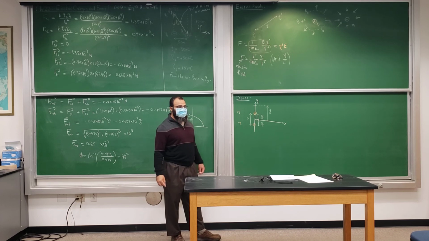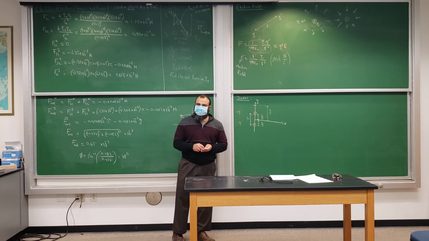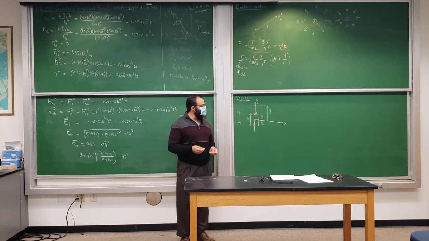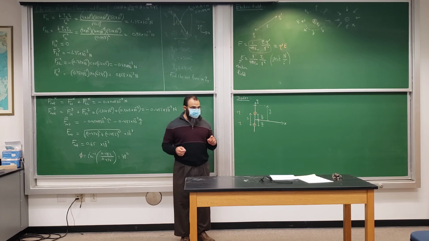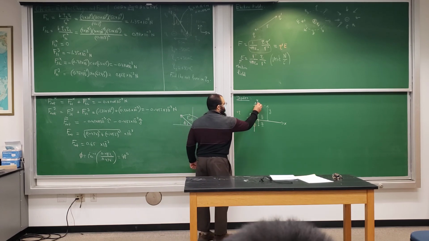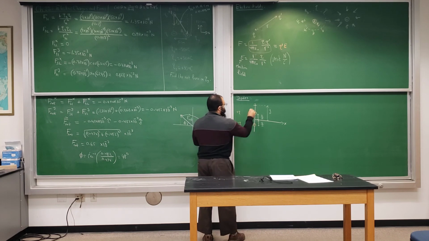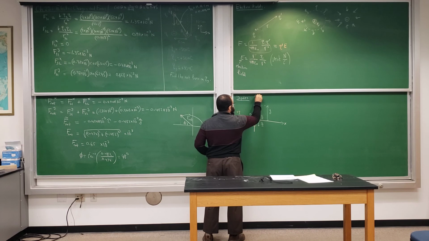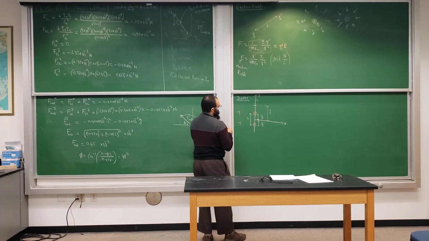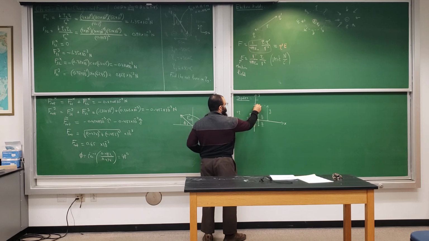So what is the electric field? Now, let's remind ourselves, do positive charges produce electric fields away from them or towards them? Away from them. Okay, so we're looking at this point here. Let's make our y-axis a little bit longer so it doesn't come in the way. There's the y-axis.